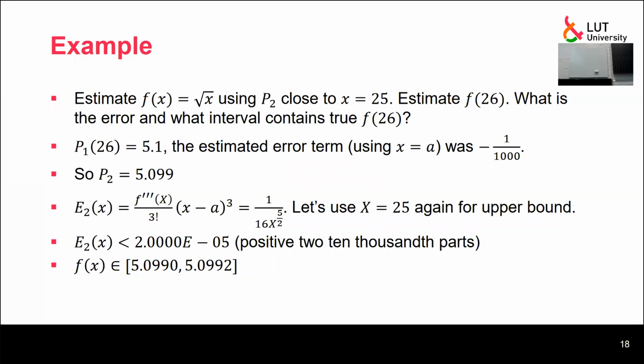Okay, let's do another estimation of the square root of x. We had the previous result, so let's use it. The error term was that, so we get a second degree estimate of 5.099. The error term here is positive, 2 parts in 10,000, so now we get that the upper bound must be 5.0992. It was what, 02?